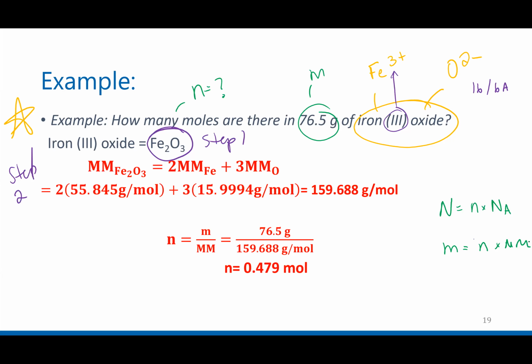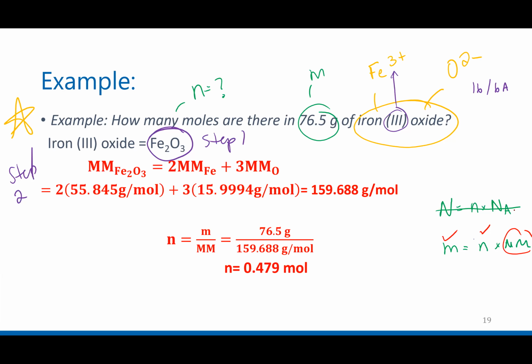would you use? In this question, there is no mention of particles or atoms or formula units or molecules. This question gives me the mass. It's asking for moles, and I always have molar mass.